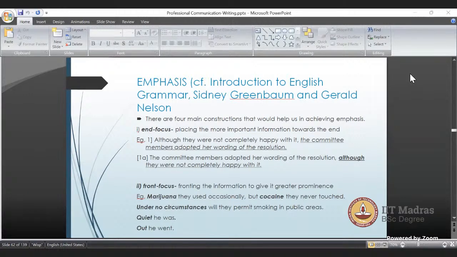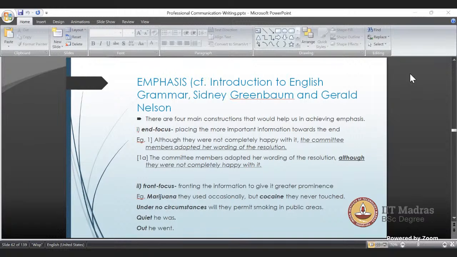But nevertheless, if you did not have, say, a subordinating conjunction, if your idea was to emphasize the part that the members have adopted the wording resolution, then you will have to put it towards the end. Whereas if your idea was to emphasize the part that they were not completely happy with it, then you'll have to bring that clause to the end. Okay, is that understood?